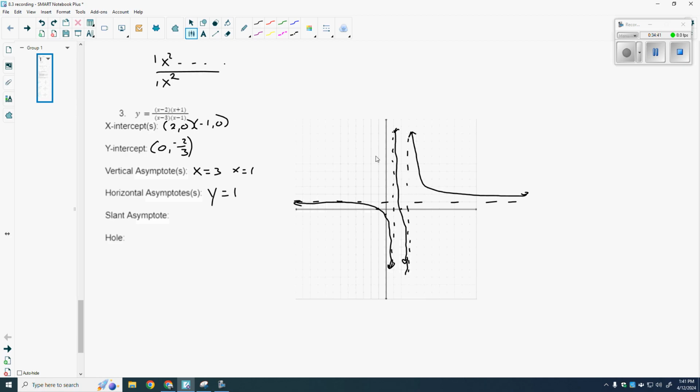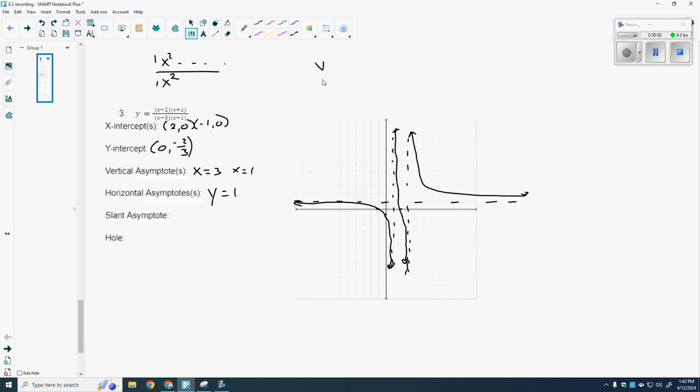It has to. It can't be up here, because I'd have to go through that point, and then go back to here, and it has to come from here, pass through that point, and approach that asymptote. The more you do these, the more comfortable you're going to get seeing where they go. Okay.